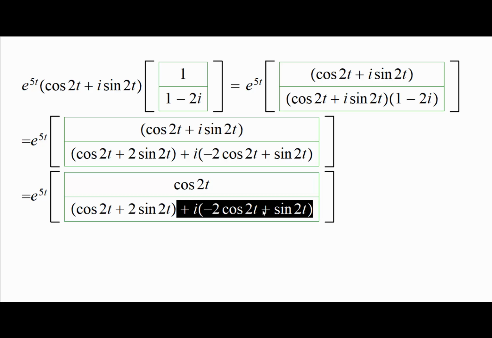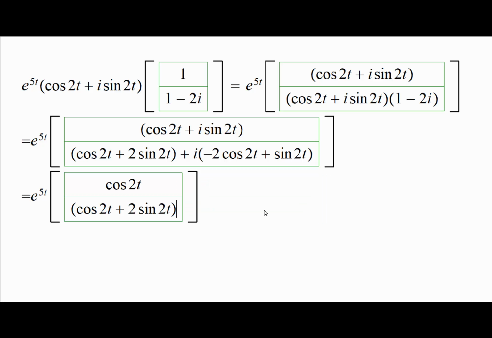Okay, and then we got this right here, then we have plus. In the next step, i will be a common factor, so let's take this out. All right, so e to the 5t, and then we write the other vector upstairs here.